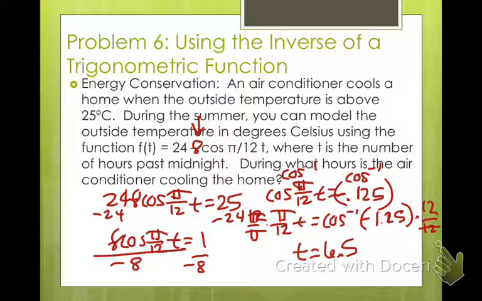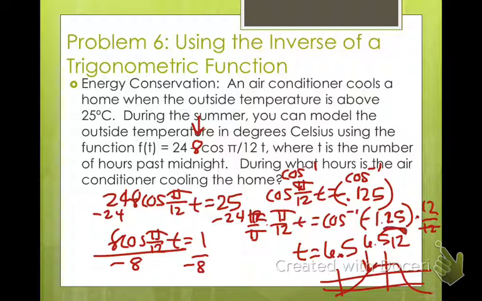Either way, it'll be 6:30 in the morning. And then if we use the process of symmetry, however you want to call it: if it crosses here at 6.5 and you assume that this is high noon, how many hours is it from 6:30 until 12 o'clock?